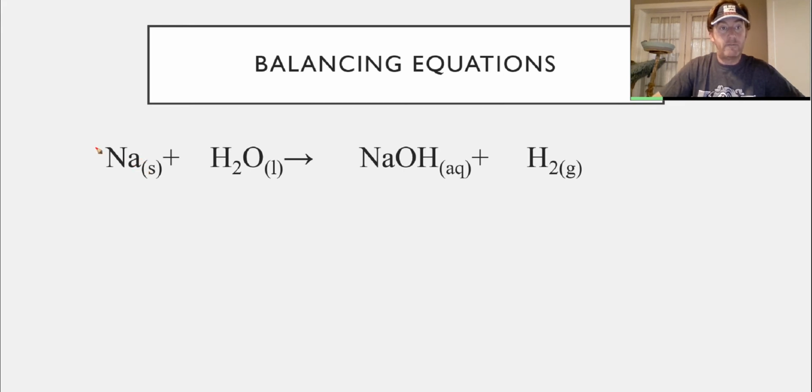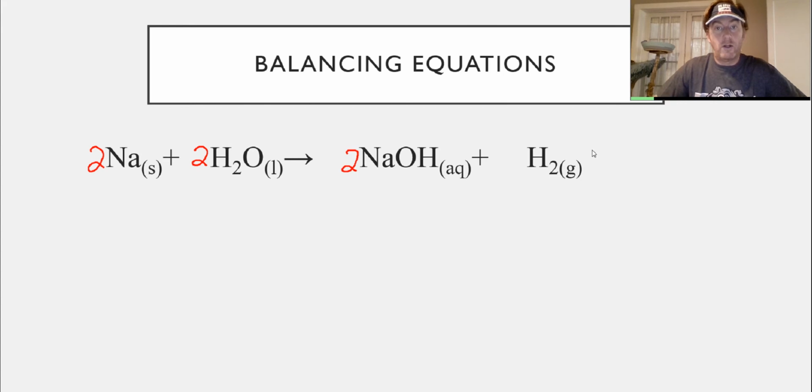Well, I've got 3 hydrogens, so I know I can't do that, so I put a 2 there. And that's going to give me 2 sodiums. I'll put a 2 there. And now I have 4 hydrogens and 2 oxygens, so I put a 2 here. And now everything's balanced out.